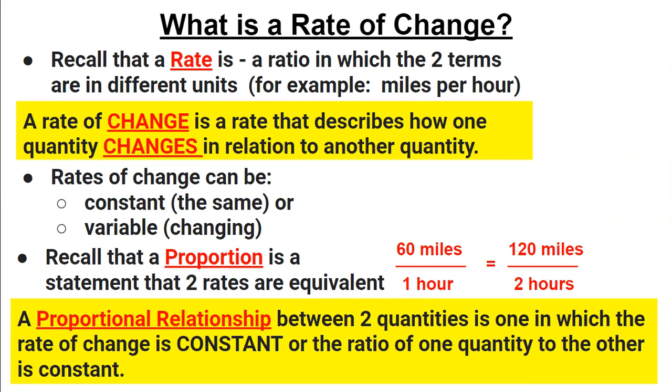Recall that a proportion is a statement that two rates are equivalent or equal. So 60 miles over 1 hour is equal to 120 miles over 2 hours. And finally, a proportional relationship between two quantities is one in which the rate of change is constant, or the ratio of one quantity to another is constant. That was just a review.